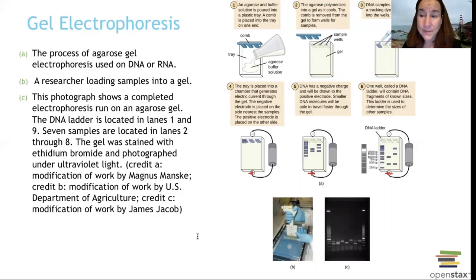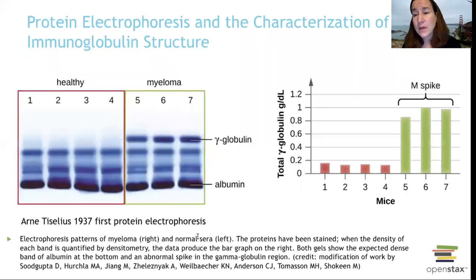Again, it can be DNA, it can be RNA, it can be proteins. What do you mean proteins? It can totally be proteins. So the first person who was doing this was, I'm going to slaughter this name, Arne Tiselius. And this was back in 1937. And this person ran the first protein electrophoresis.